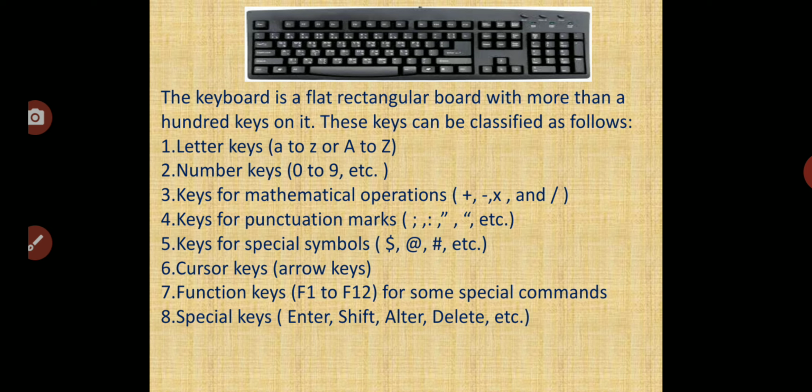All these are known as function keys, meaning for some special commands. Now eighth one, special keys. Enter key, shift key, alt key and delete key. These are known as special keys on the keyboard.